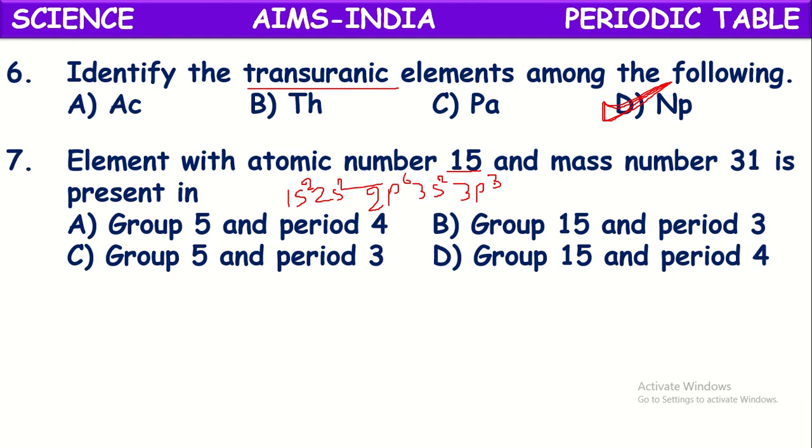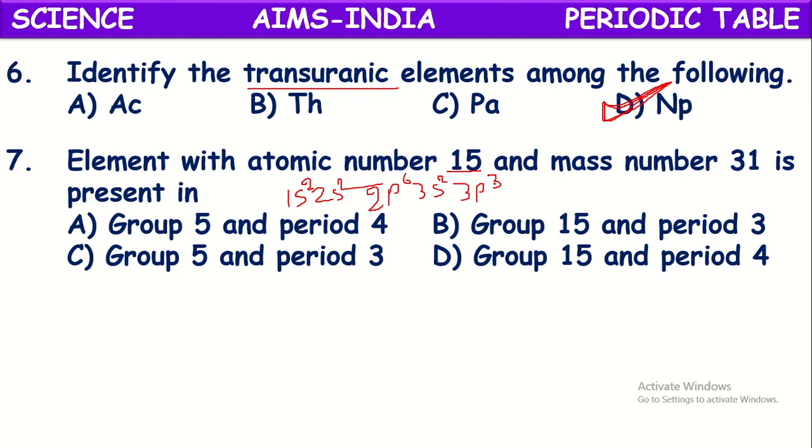Based upon this configuration, we can say its group number, period number, and the block to which it belongs, and even the subgroup. Listen to this carefully as it is a very important concept: identifying the position of the element in the periodic table based upon its configuration.